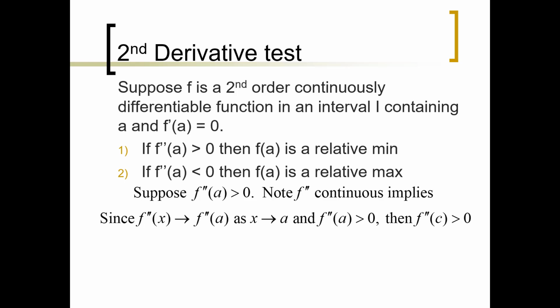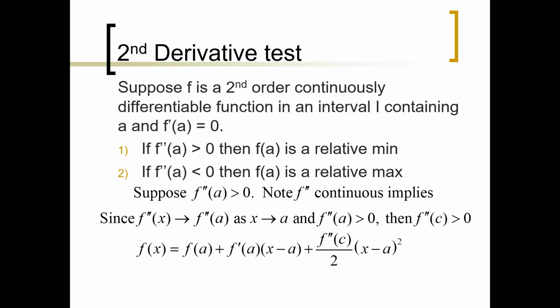So these two things together mean that as long as x is near a, like c is, then the second derivative at that value would be near the second derivative at a, which is positive. So I can say in the limit, getting close enough, that the second derivative of the function at c should be positive, as long as we get close enough.